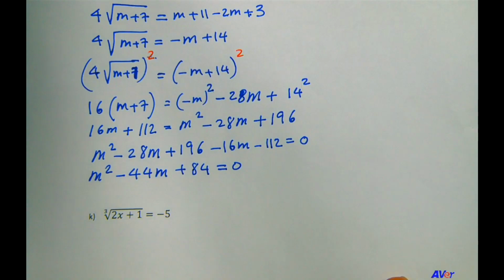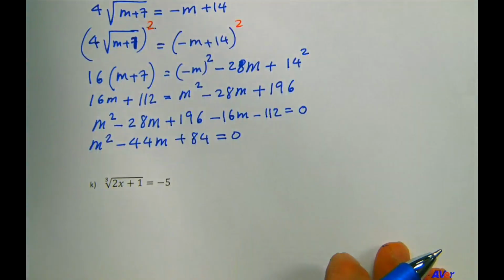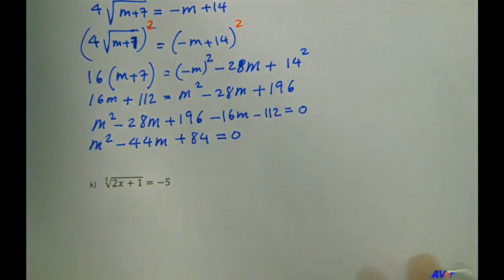Okay? So then, if we can factor this, we would factor it into terms that multiply to 84 and add up to 44.